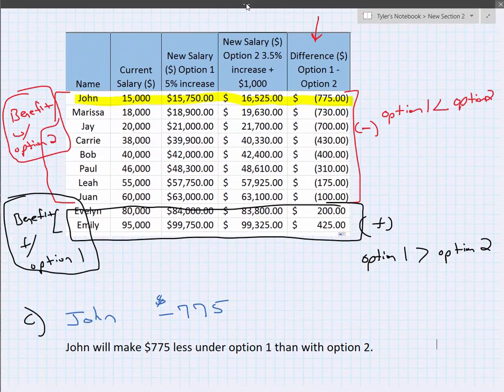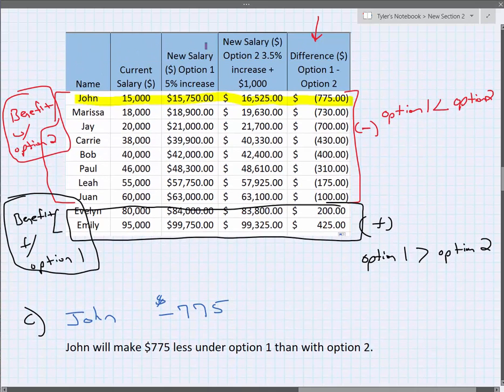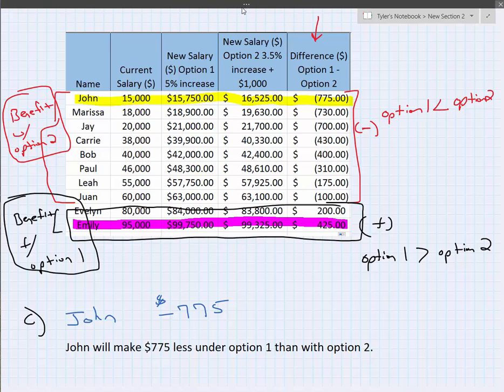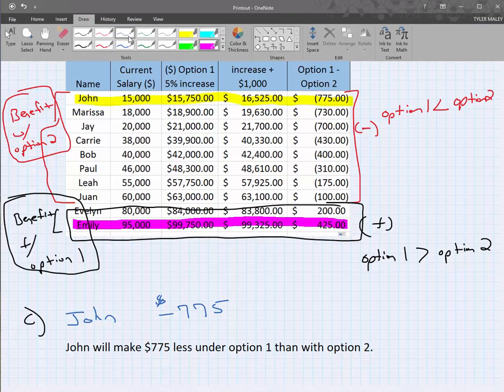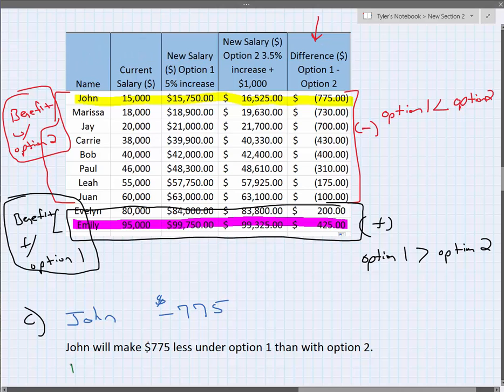So then the next part was looking at Emily. Emily was the very last one here. So Emily has positive $425, right? So again, as we looked at before, that means that option 1 is bigger.